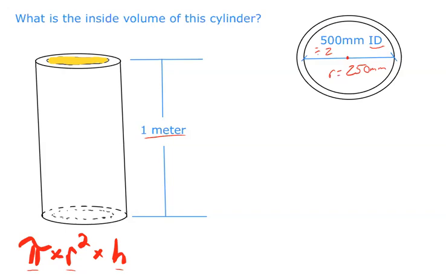So then it is a matter of writing out the equation, pi times 250 millimeters and 1 meter. There's another problem right away. Before I continue going forwards, you'll remember every other unit we've done together, we have always needed to convert into the same units when doing an equation, and it does not change now.